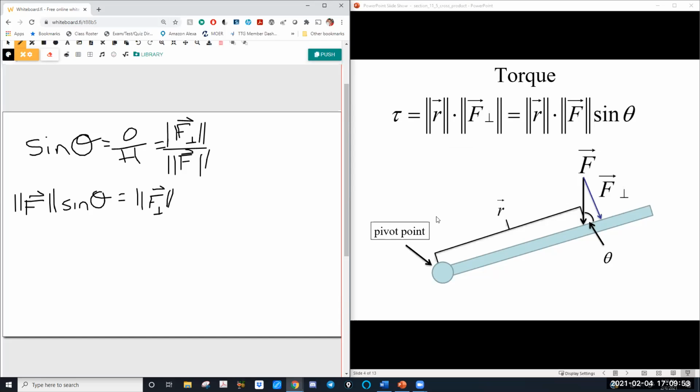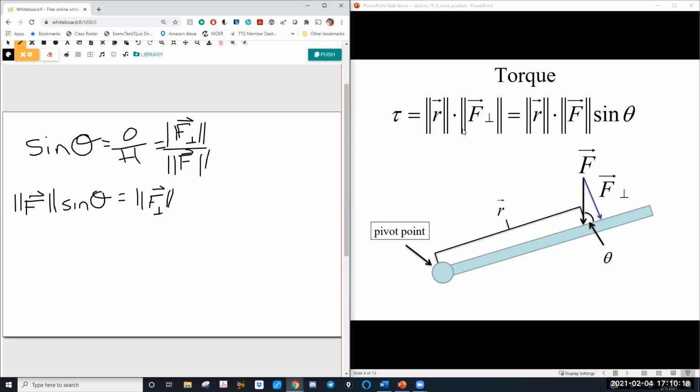All right, so it's the magnitude of R, so the distance we are from the pivot point, dotted with, it's not dotted. Sorry, this is not a dot product. It's actually, this time it's just multiplication. I know that can be a little confusing. Here's why we know it's multiplication, not dot product. We're taking the magnitude of these vectors, which makes them scalars. You can't take a dot product between scalars.